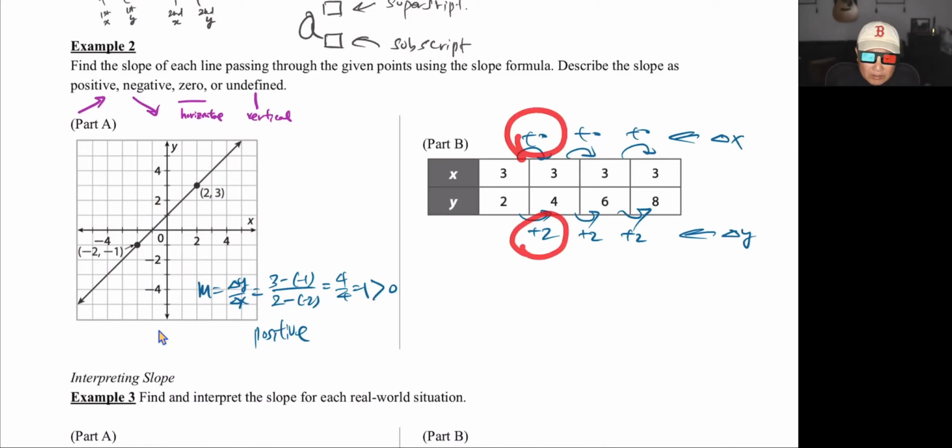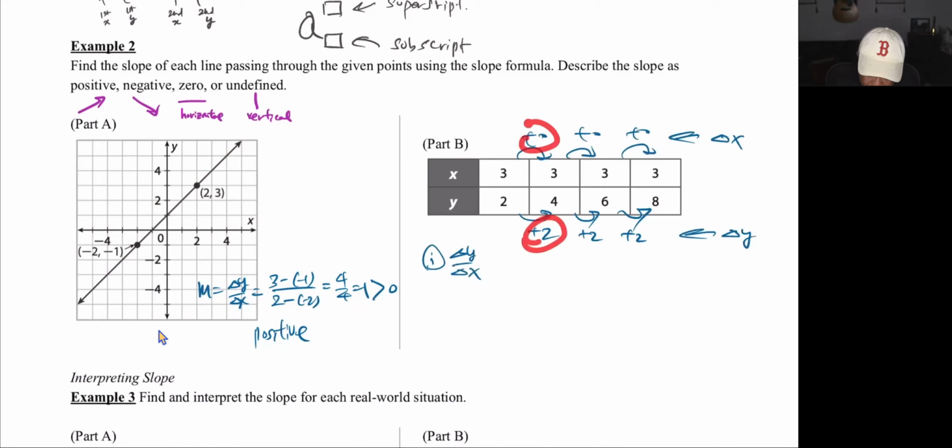That's 2 over 0. In method 1 that I'm showing you right now, using how much it increased each time, it's change in y divided by change in x, and they're all the same. So that's 2 over 0, which is undefined.